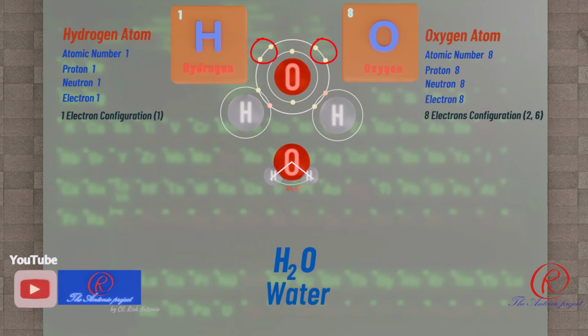The bond angle is about 104.45 degrees, slightly smaller than the ideal of an sp3 hybridized atomic orbital. The chemical name of water is dihydrogen monoxide, or H2O, although the International Union of Pure and Applied Chemistry, or IUPAC, formally recognizes oxidane as its systematic name.